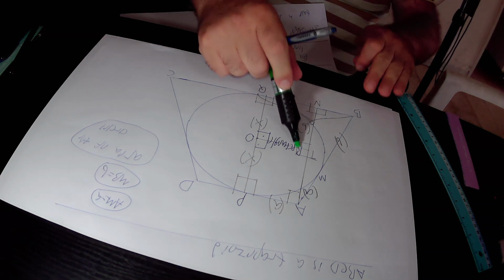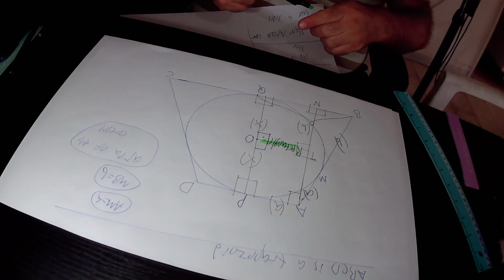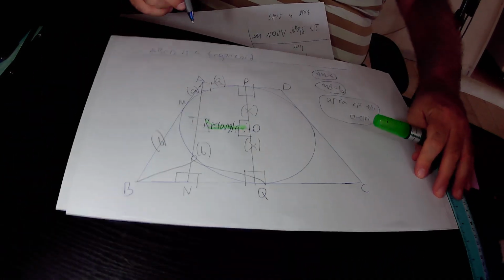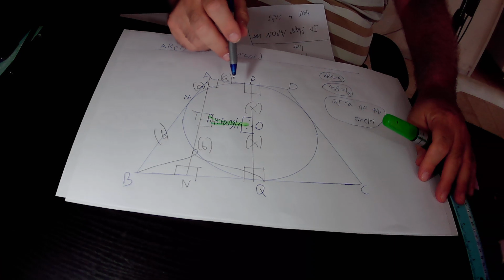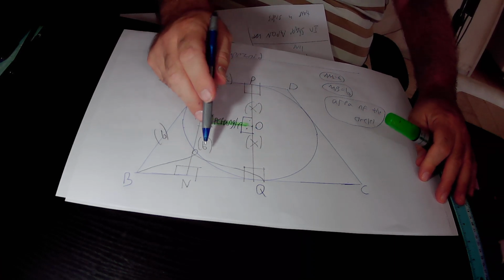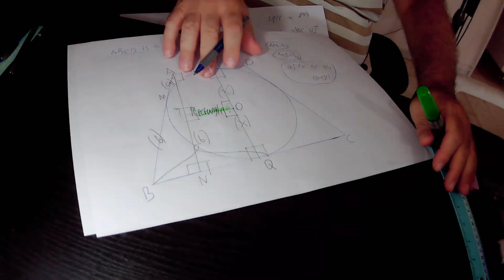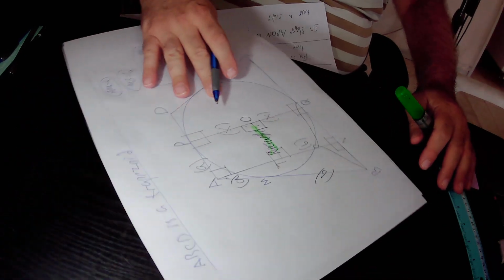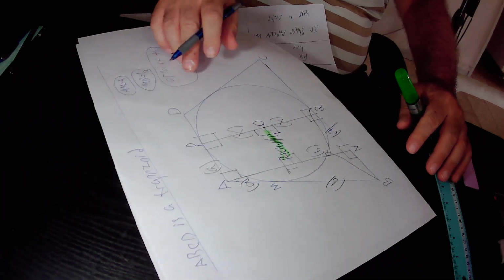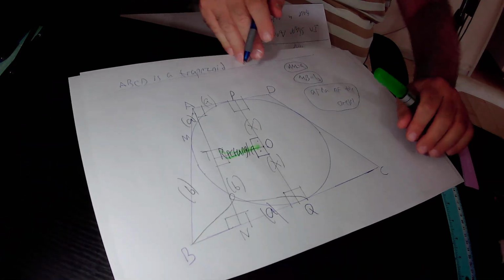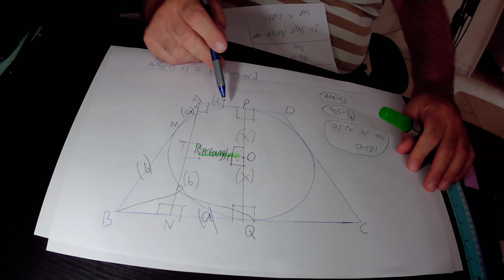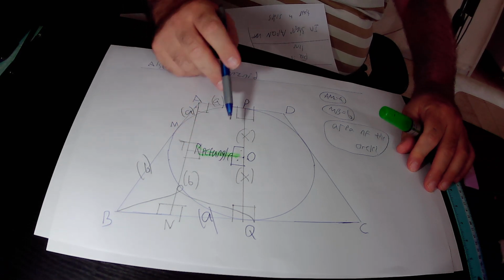But we also know that the opposite sides of a rectangle are equal to each other. So in rectangle APQN, side AP must be equal to the opposite side QN. But AP is a, therefore the opposite side QN must also equal a units in its length. Likewise, in the same rectangle APQN, side PQ must be equal to the opposite side AN.